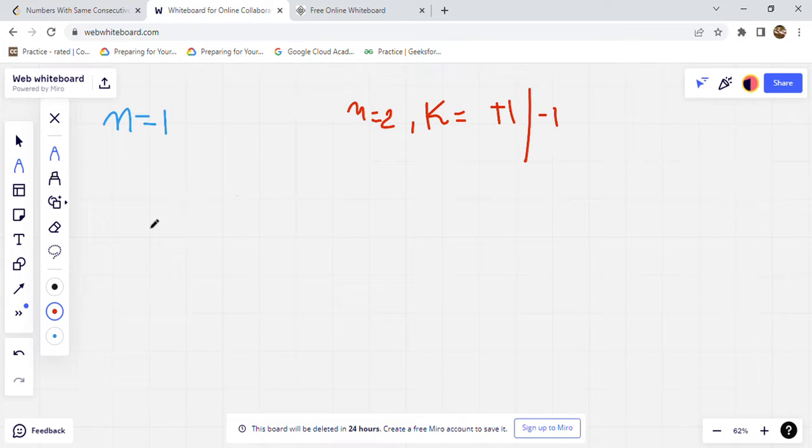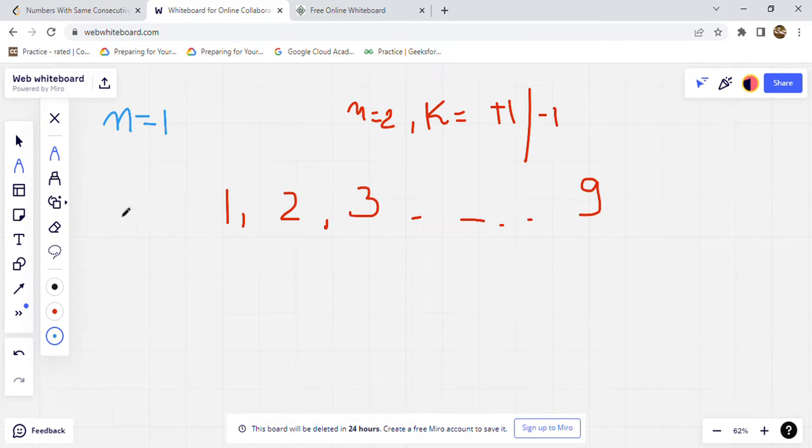What are the possibilities for the first digit? It could be 0? No, it can't be 0. So what we can take as the first digit is 1, 2, 3 up to 9.